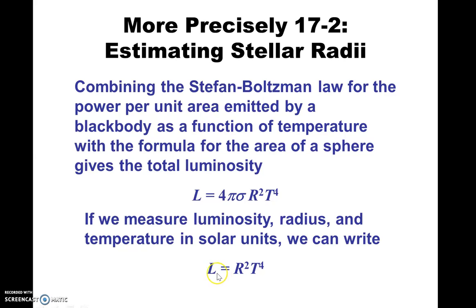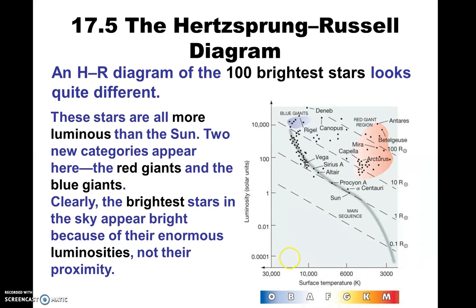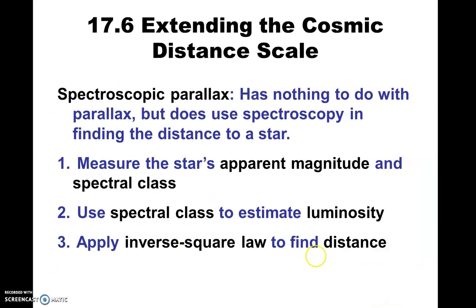The luminosity, the temperature, and then R would be the distance from that star. You take the square root, of course, of everything, but that's the general idea. So that's ultimately how you'd find distance.